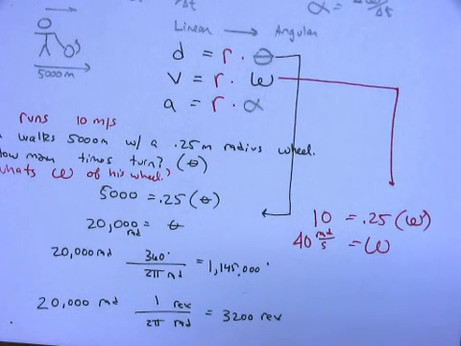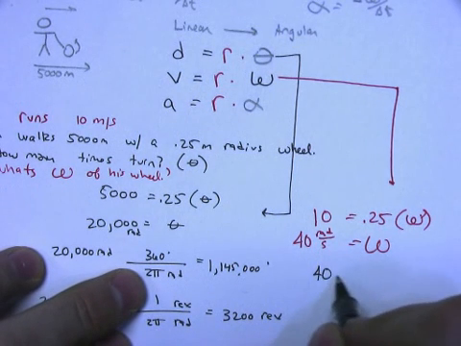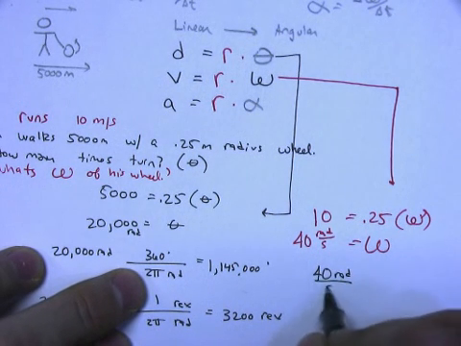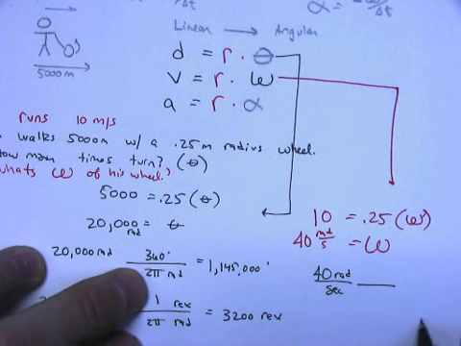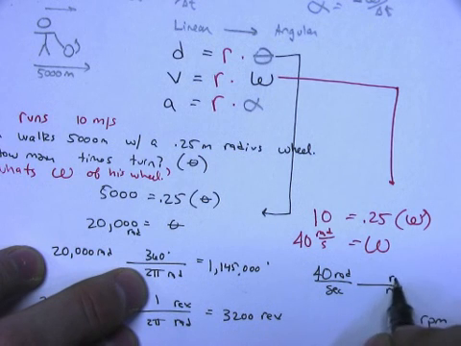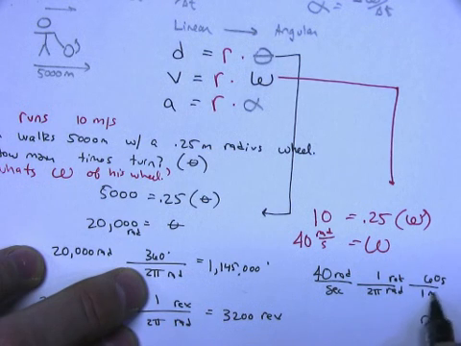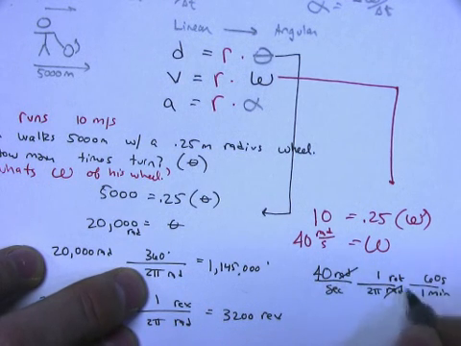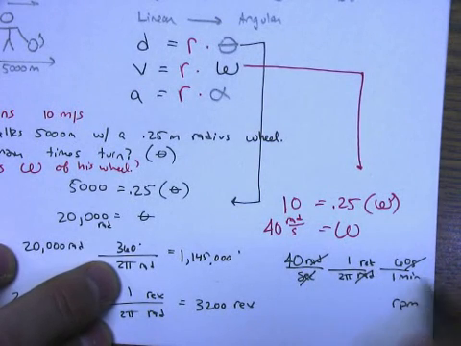So I could change that into RPM if I wanted to. I take 40 radians per second, and let's say I want to make it into RPM. So I'll put radians down here in rotation. One rotation is 2 pi radians, and there's 60 seconds in 1 minute. So radians cancel, seconds cancel, and I'm left with rotations per minute.